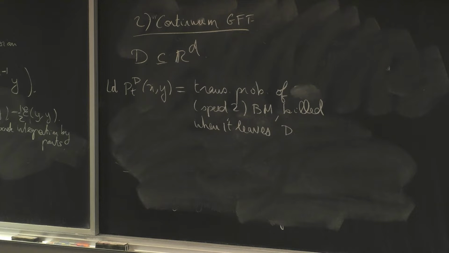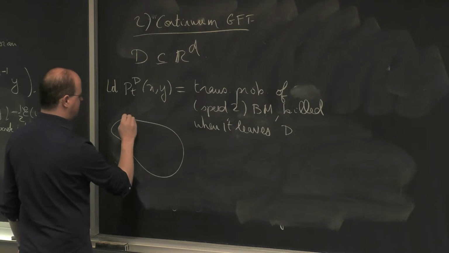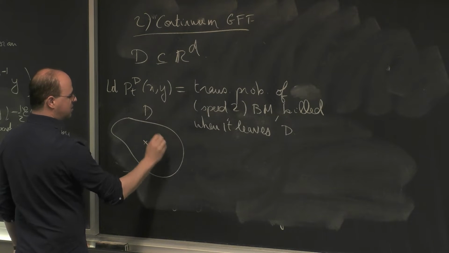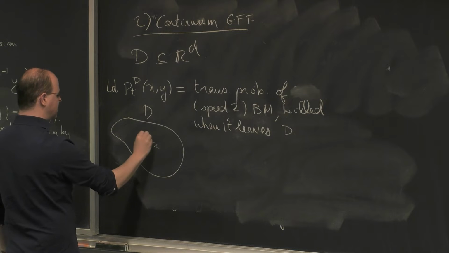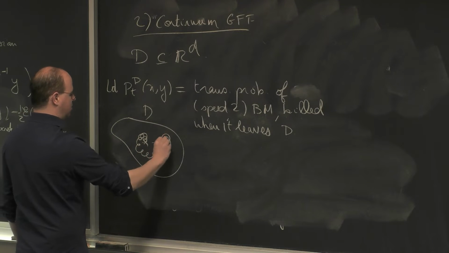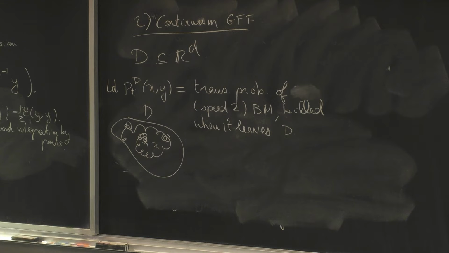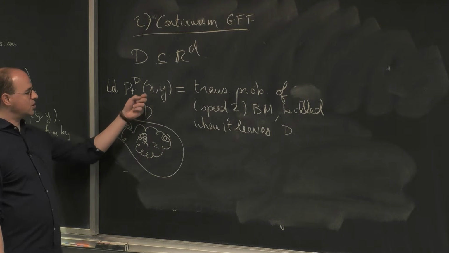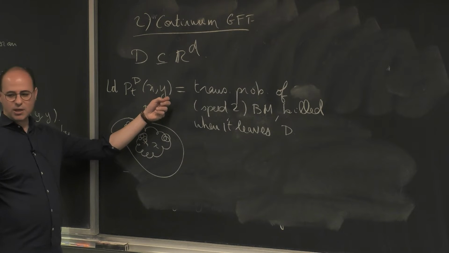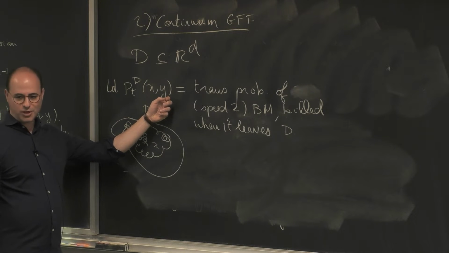Okay, so we have a domain D like that. Here's a starting point x, and we start a Brownian motion, which we kill when we leave D, and I call p_t^D(x,y) the probability that the Brownian motion starting from x is at y at time t, or very near y at time t.